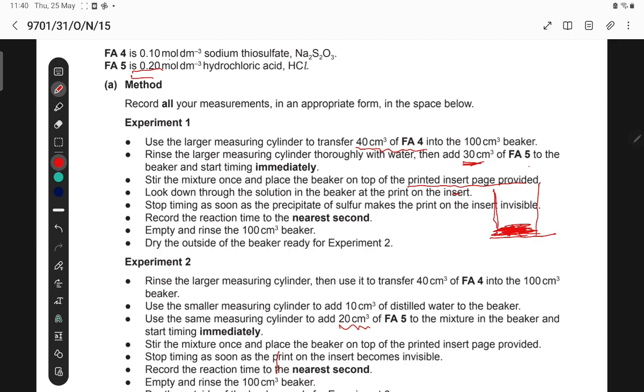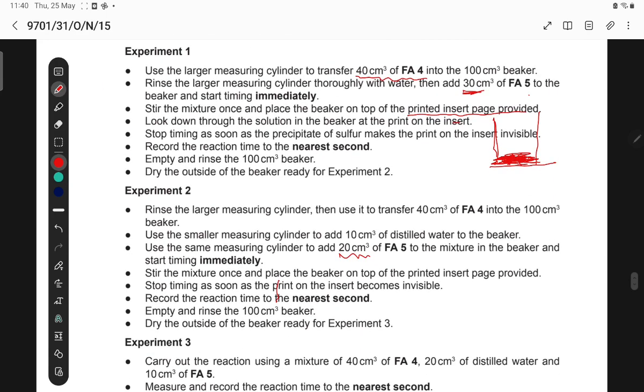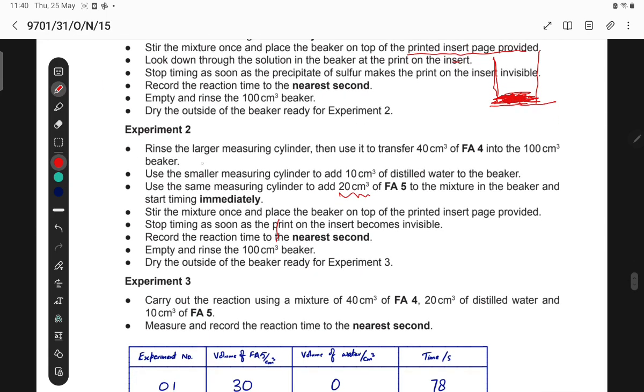Empty and rinse the 100 cm cube beaker. Dry the outside of the beaker. Ready for experiment 2. Experiment 2: rinse the larger measuring cylinder, then use it to transfer 40 cm cube of FA4 into the 100 cm cube beaker. Use a small measuring cylinder to add 10 cm cube of distilled water to the beaker.